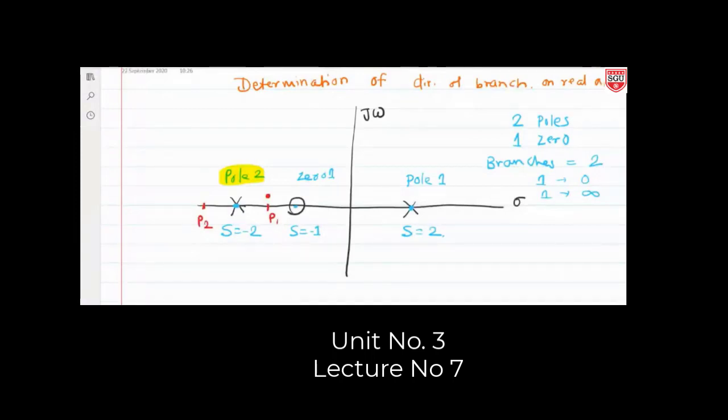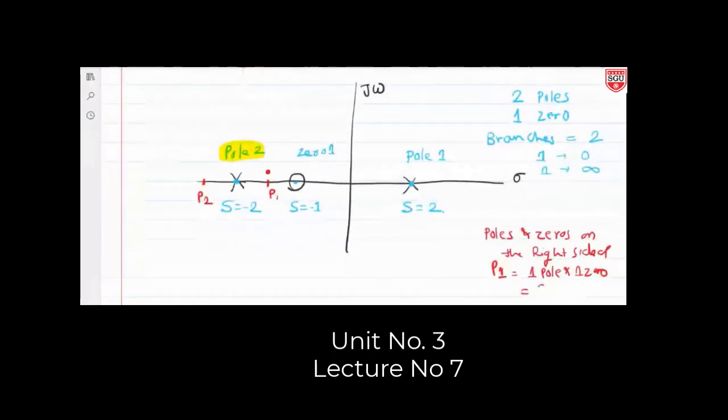How many poles and zeros are there? 1 pole and 1 zero. Altogether the number of poles and zeros on the right side of P1 comes to 2. Now this 2 is important.